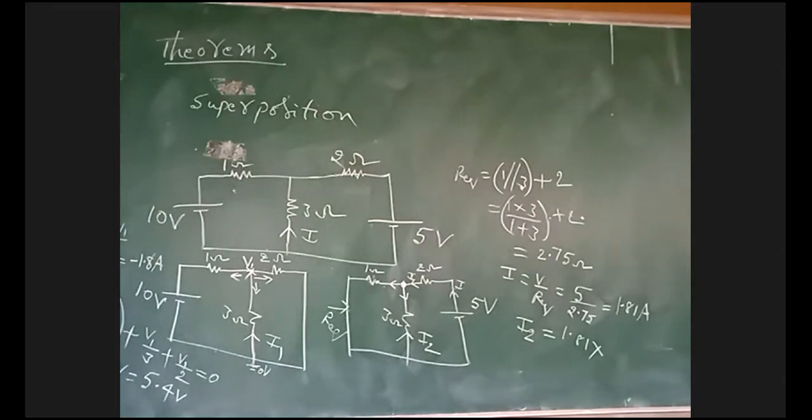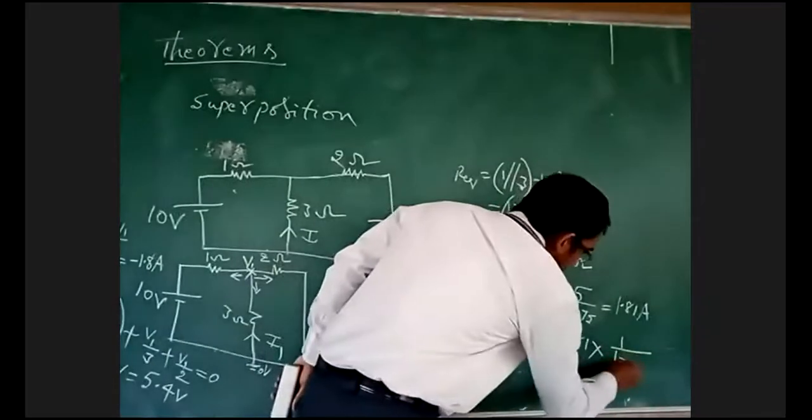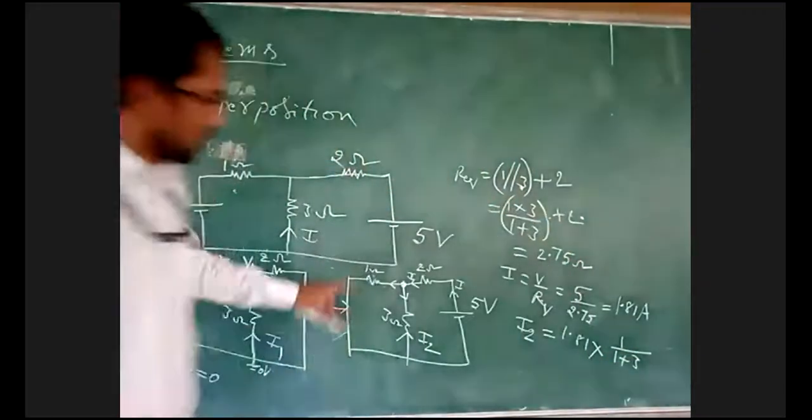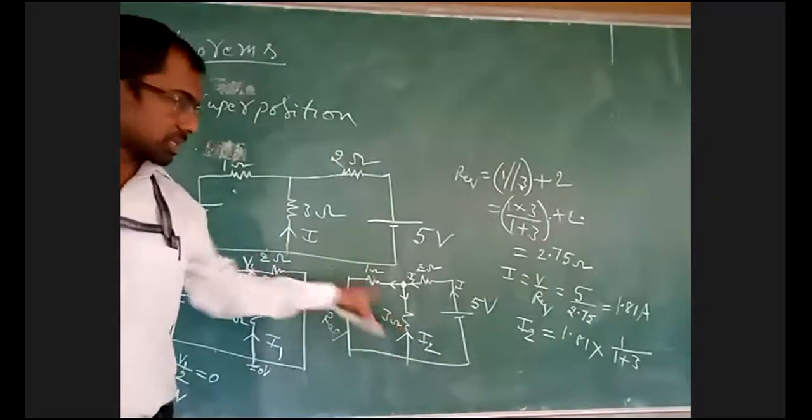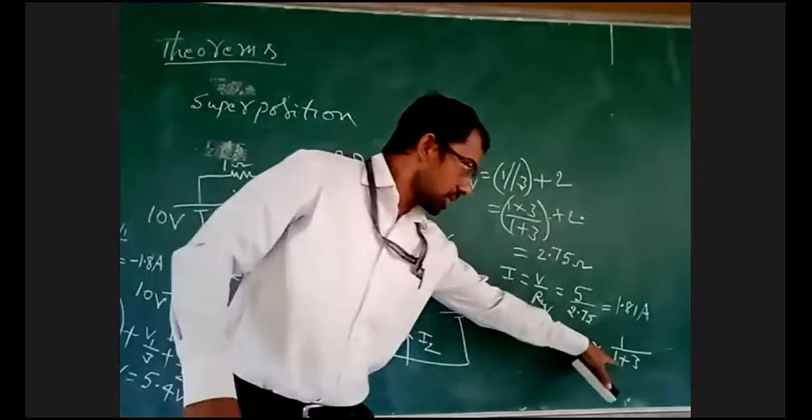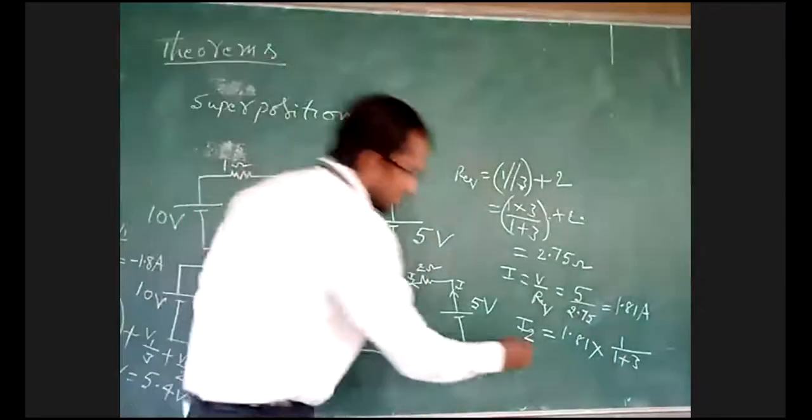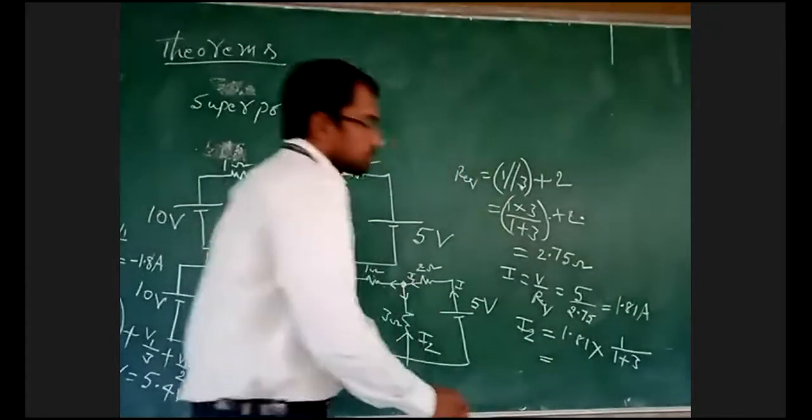You know the formula. The opposite branch for 3 ohms is 1 ohm. The parallel branches are 1 and 3. This will give the current 0.45. Perfect.